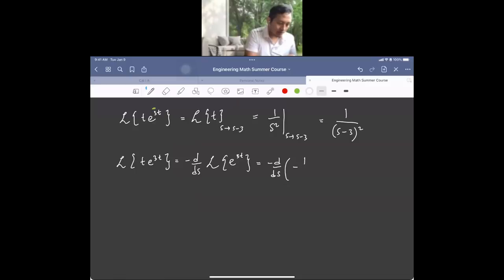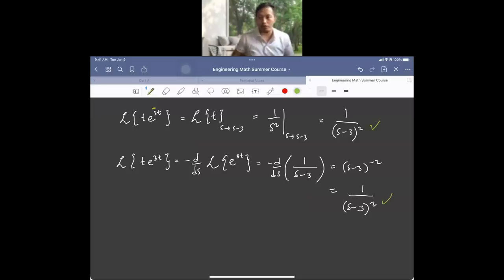So negative d/ds of 1 over s minus 3, as usual, brings you to s minus 3 to the power of -1, bring the negative to the front, it becomes positive, and -1 becomes -2. So it will be 1 over s minus 3, squared. You can choose whichever method you want. You can use the translations, you can use the derivative one, same answer.